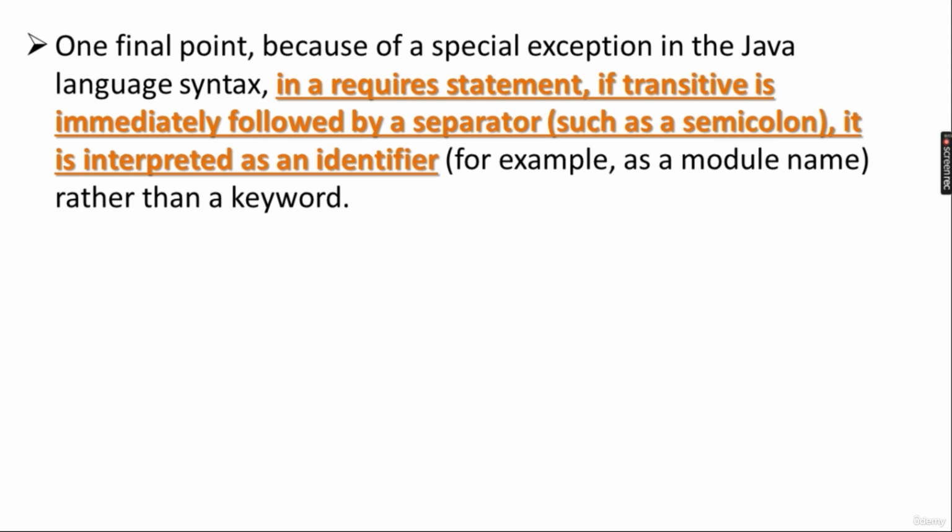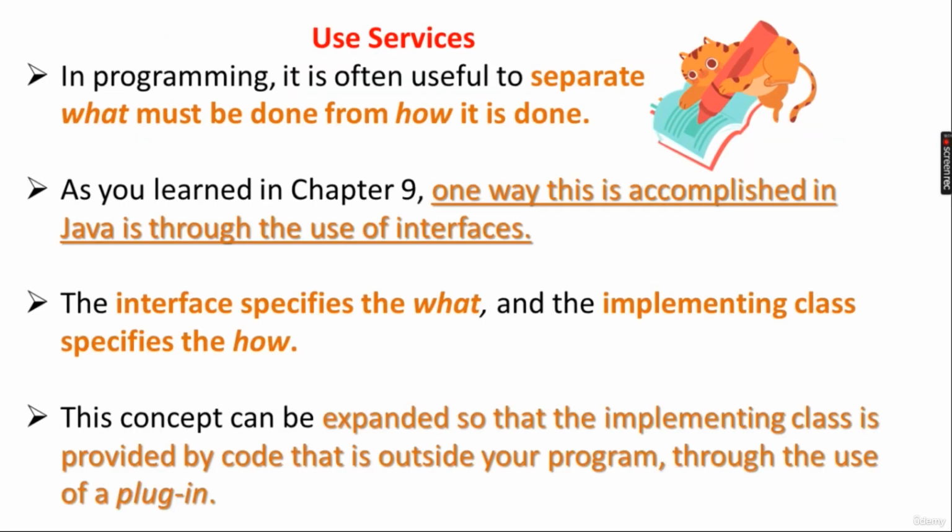If it is a semicolon, transitive will be treated as an identifier, or name of the variable, such as a module name, and it will not operate as a keyword. So this time this transitive will not work to give the dependency from module A to module C. Okay. Next, use services.